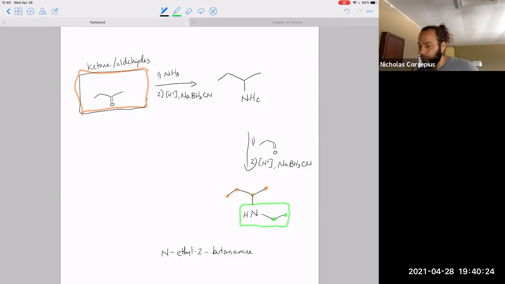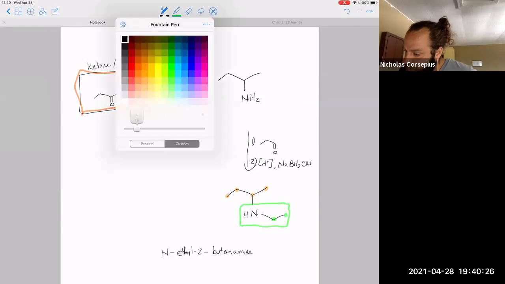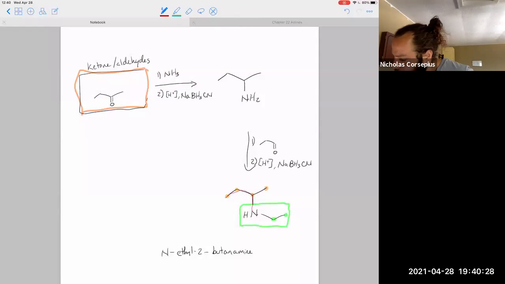Right. I know it's tempting to want to run your parent chain as if it includes this nitrogen. The nitrogen has to be a substituent off of the parent chain. It's never going to be sitting in the middle.